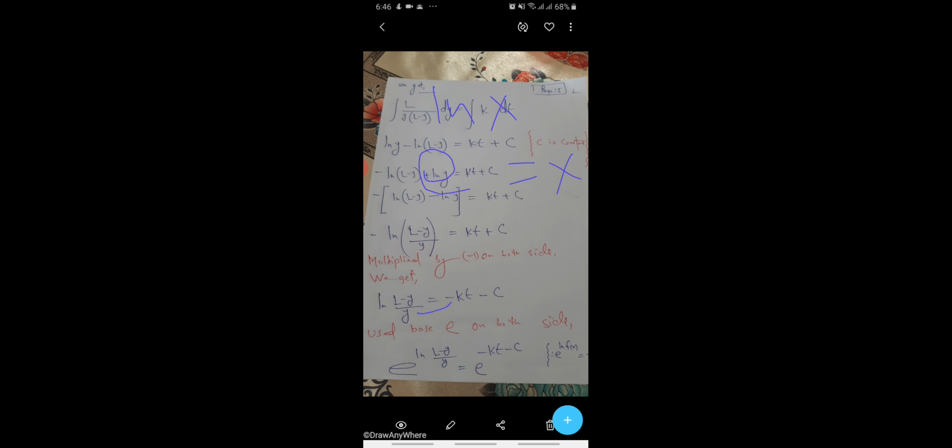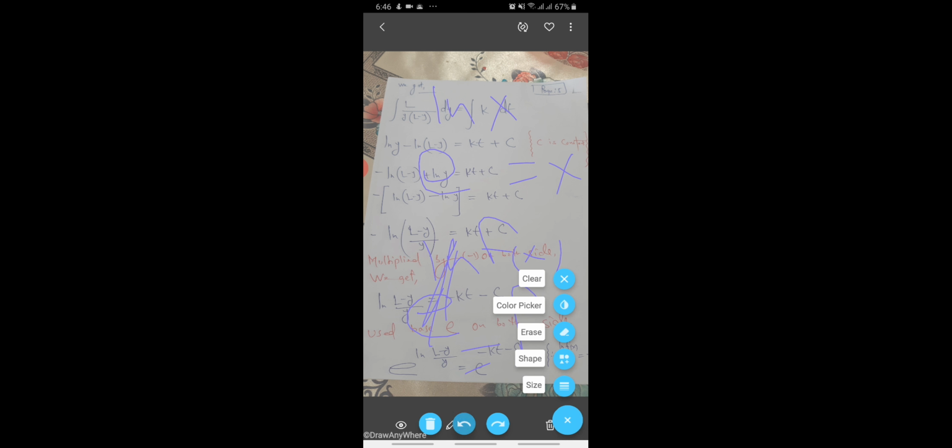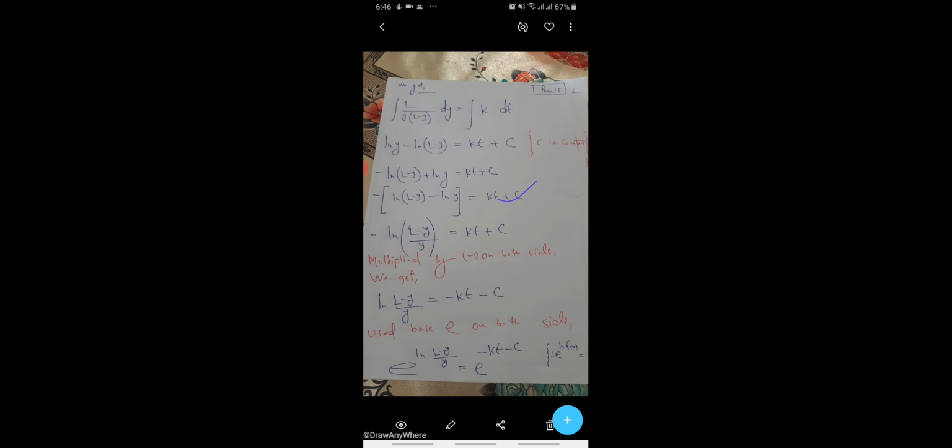Or you can say if you have e to the power ln f(x), any function, this will be cancelled, and the answer will be your f(x). This is the formula. So I have written the base e on both sides and just copy and paste.